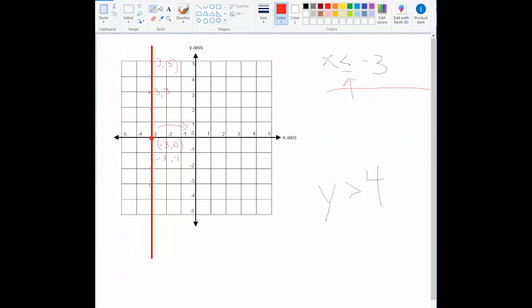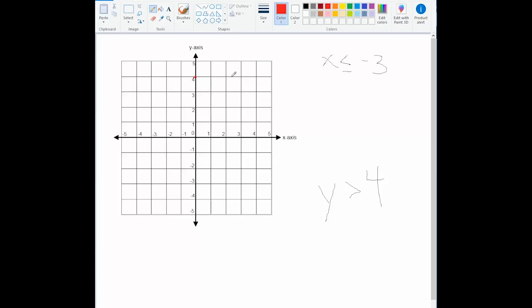If we go all the way back and we start talking about that y equals, or y is greater than for inequality, same idea. When we're doing a horizontal line, why is it horizontal? Well, go to where y is 4. That would be right here.